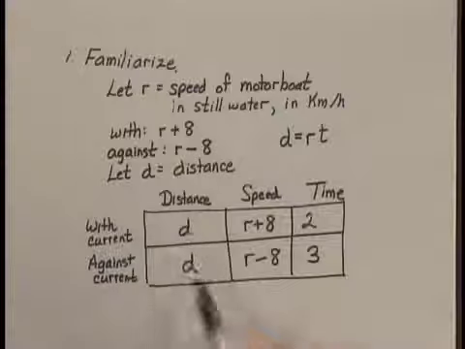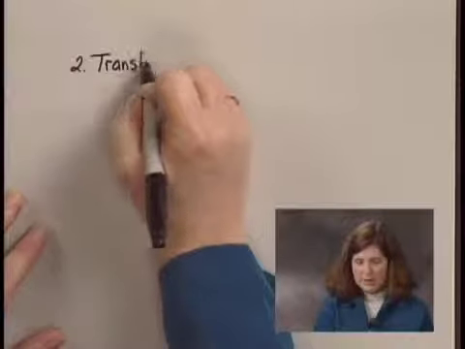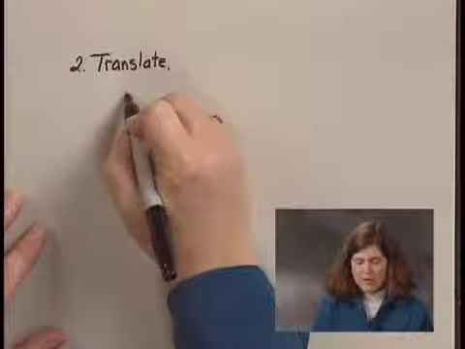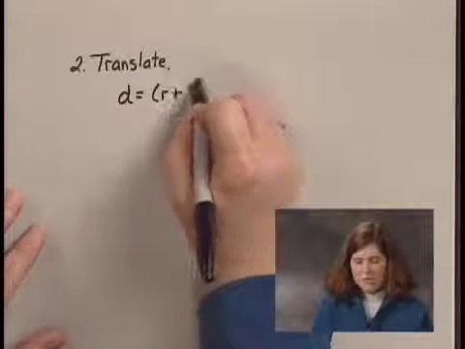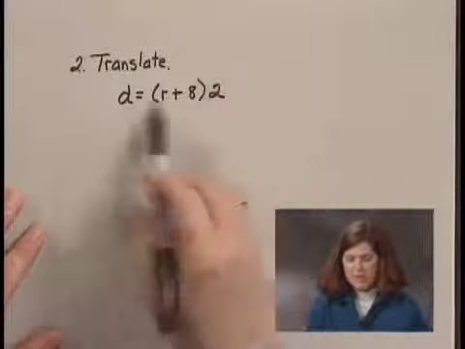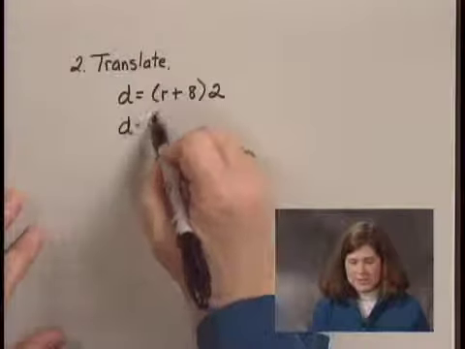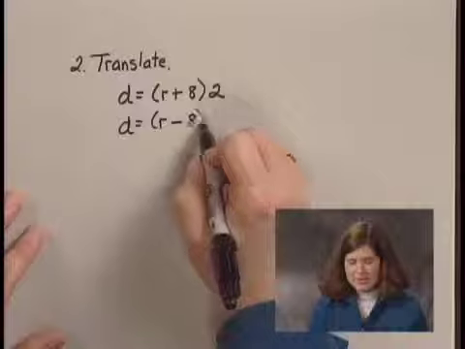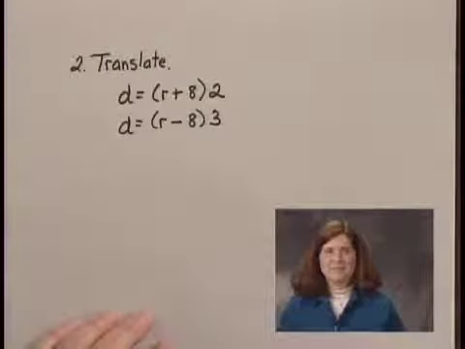We would have then, as step 2, translate. We would have the equations D equals (R plus 8) times 2. This is the situation with the current. And D equals (R minus 8) times 3. This is the situation against the current.